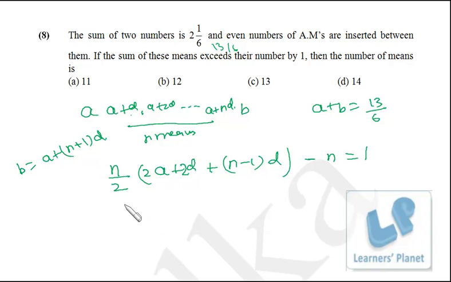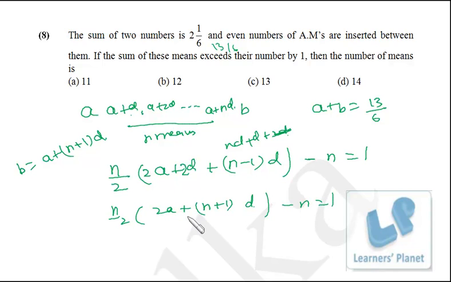So if you solve this, you'll be getting 2a plus n minus nd minus d plus 2d, so precisely nd plus d, so it will be n plus 1 d. Now instead of 2a I can write it as a plus n plus 1 d. Now this a plus n plus 1 d is actually b, right?